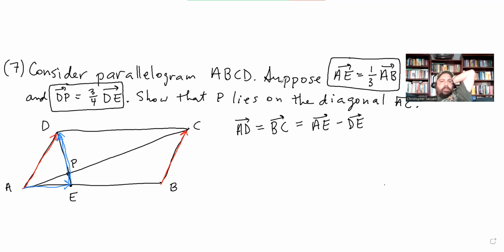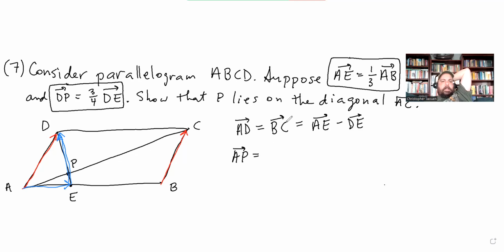So what do we want to show? We want to show that the point P lies along the diagonal AC. So in other words, we want to show that AP is parallel to AC. So let's write AP and AC in terms of some common vectors.